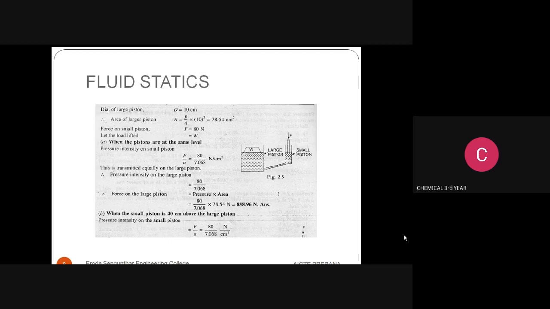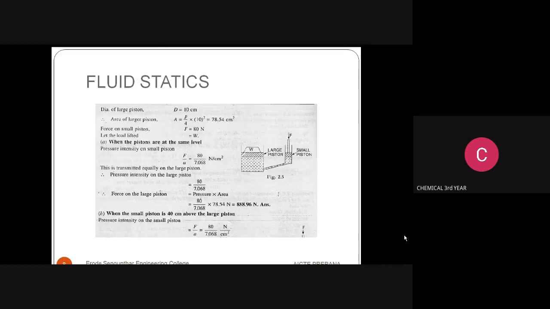So 80 divided by the area of the small piston, 7.068, Newton per centimeter square.